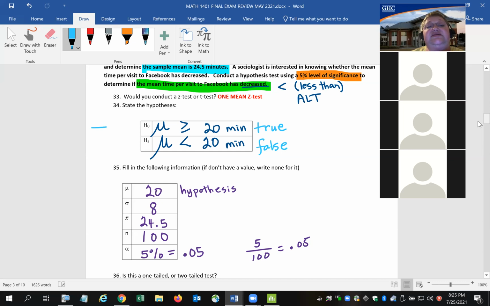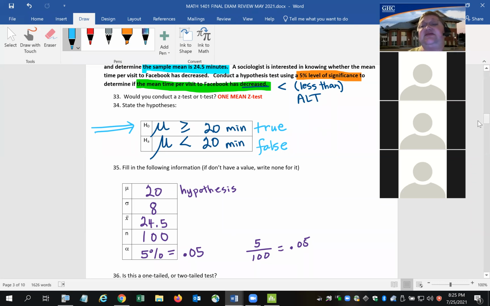And you should always state your conclusion in terms of the statement that is true. So we were trying to prove that the mean time per visit to Facebook has decreased. But the statement that we proved to be true is that it's greater than or equal to that.